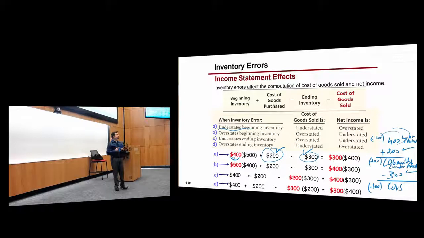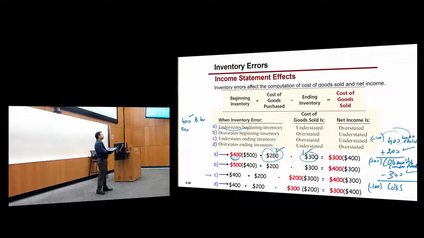Now let's look at the second part of it, which is ending inventory. When your ending inventory is understated. So ending inventory, okay? Once again, let's take this example here. You had beginning inventory. That amount is correct. There was no mistake in it. And then we had purchases for 200. Okay? You miscounted.